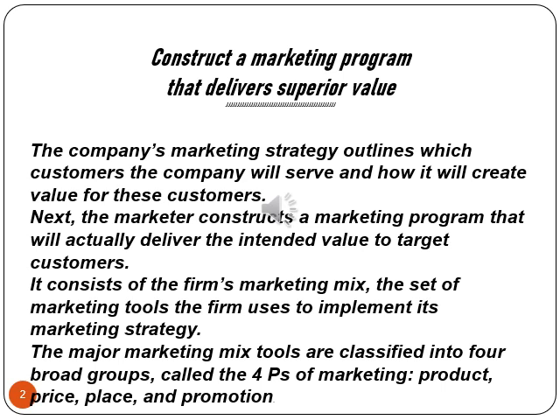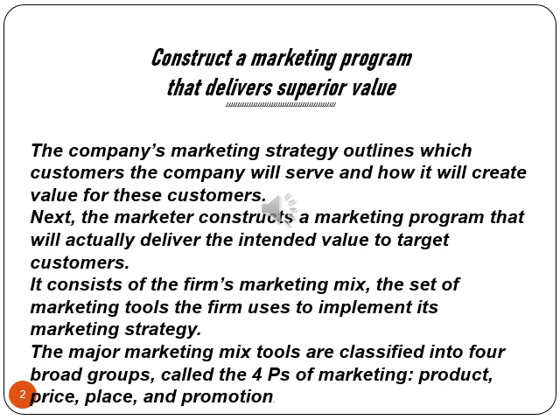Next, the marketers construct a marketing program that will actually deliver the intended value to the target customers. It consists of the firm's marketing mix, which is the set of marketing tools the firm uses to implement its marketing strategy.